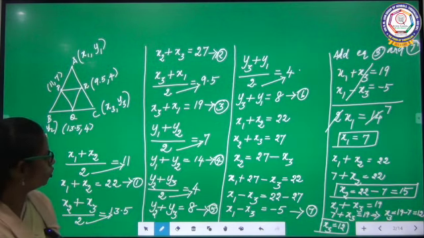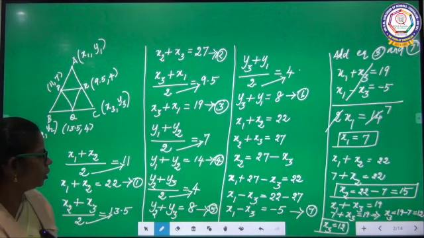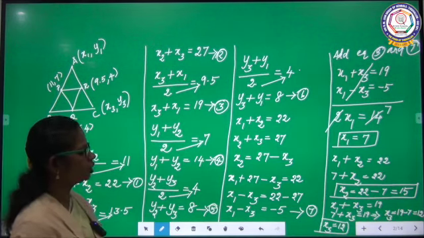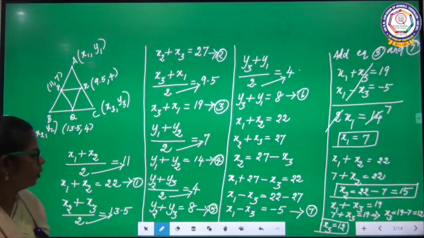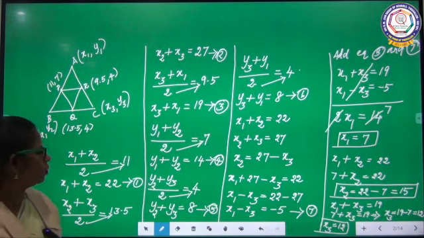Now I want to do for y1, y2, y3, right? y1 plus y2 equal to 14, y2 plus y3 equal to 8, y3 plus y1 equal to 8.